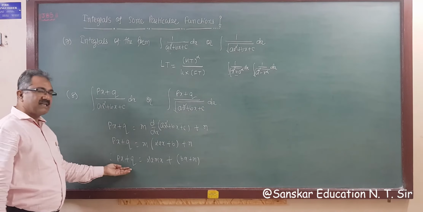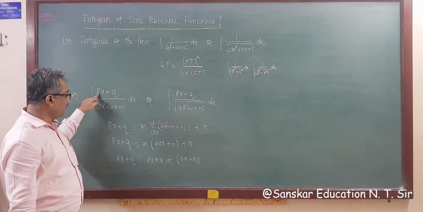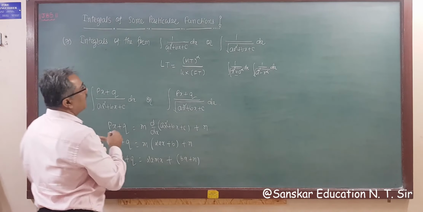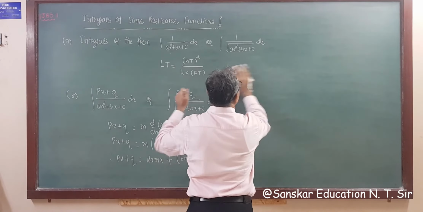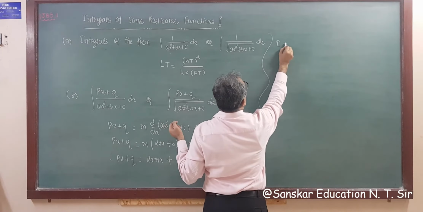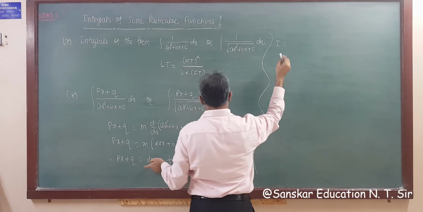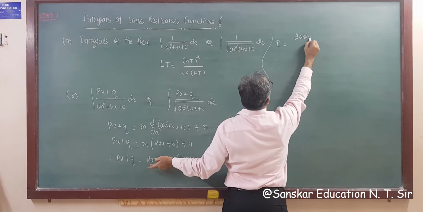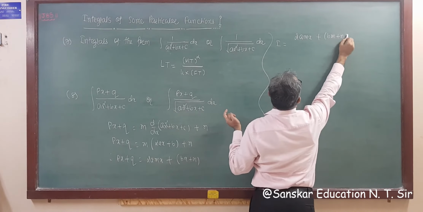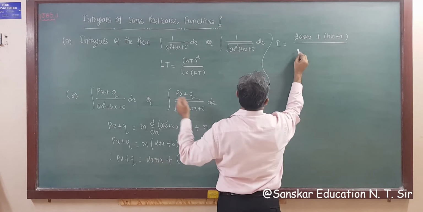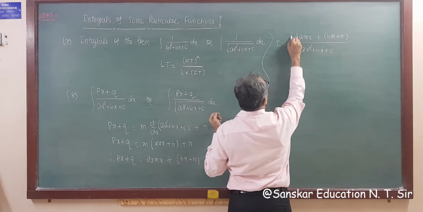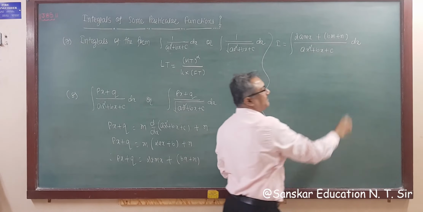Now substitute this px plus q here. What do we get? We get I is equal to the integral of (2amx plus bm plus n) upon the square root of ax square plus bx plus c, dx.